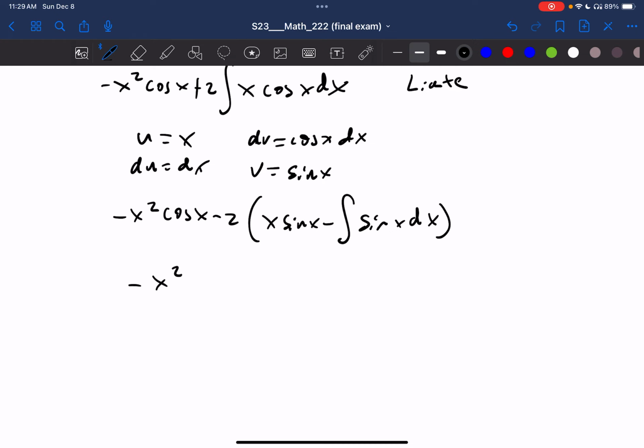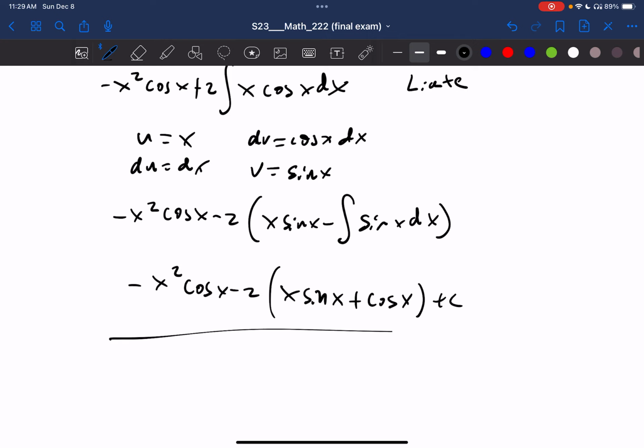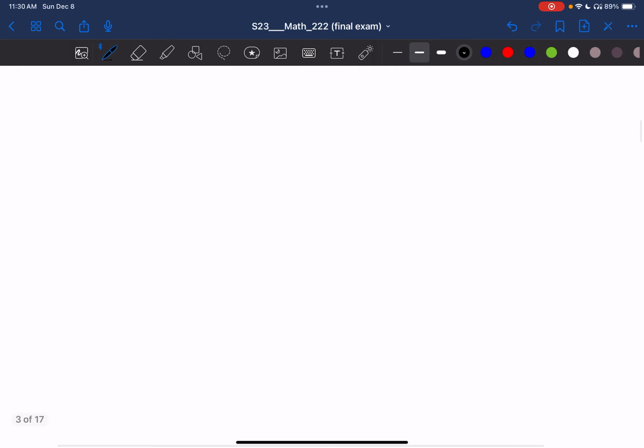This is going to be equal to negative x squared cosine x minus 2, just put parentheses, x sine x minus the antiderivative of sine, which is negative cosine, so it's going to be positive cosine x plus c. And this should be right. You can distribute the 2 in, but I don't think you have to. I don't really see why you would have to. So this should be right.